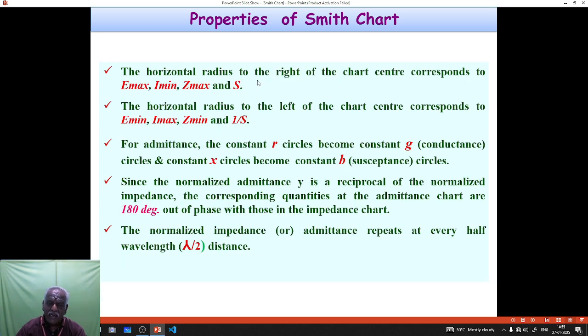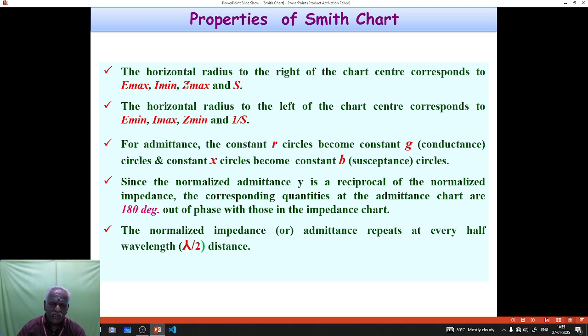The horizontal radius to the right side of the chart corresponds to E maximum, I minimum, Z maximum and S. We have already seen the standing wave pattern. Wherever we get a point of voltage maximum, the point corresponds to I minimum. So if I is minimum and voltage is maximum, you are getting the impedance maximum, and its value is VSWR.